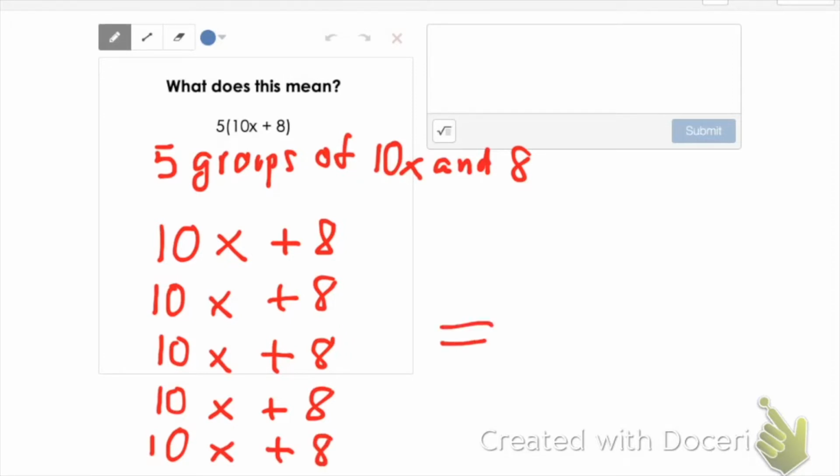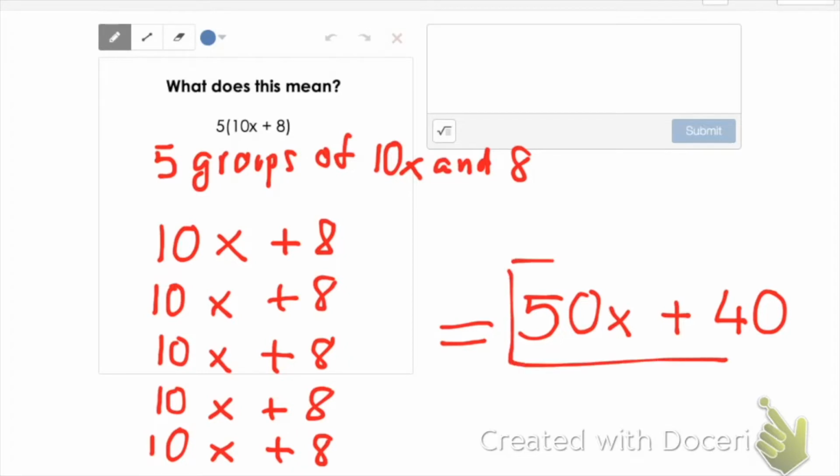So let's combine like terms. We realize that 10x and 10x and 10x and 10x and 10x are like terms, so we can combine them, and we have 50x in total. The 8s are all constants, so they are like terms, so we have 40. So the final answer is going to be 50x plus 40.